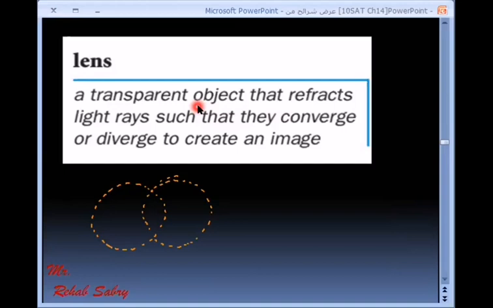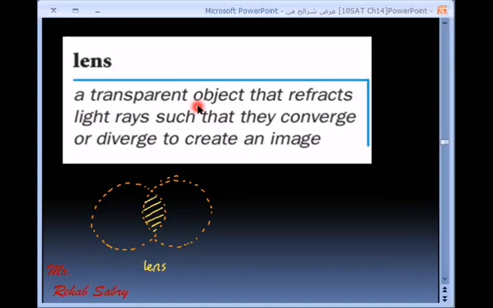If you imagine that we have two spheres, these two spheres are overlapping now. This part, if it's a transparent medium like glass or plastic, is called a lens.